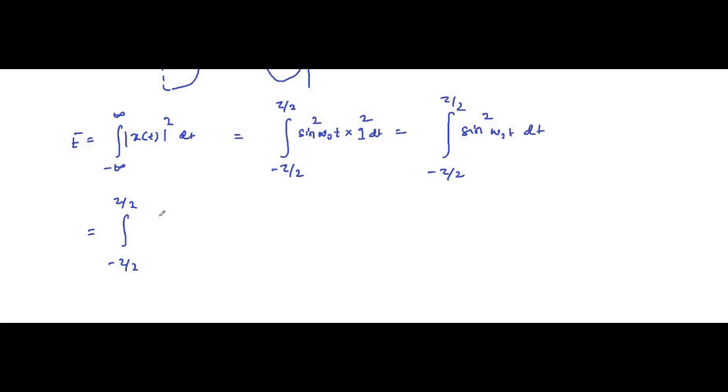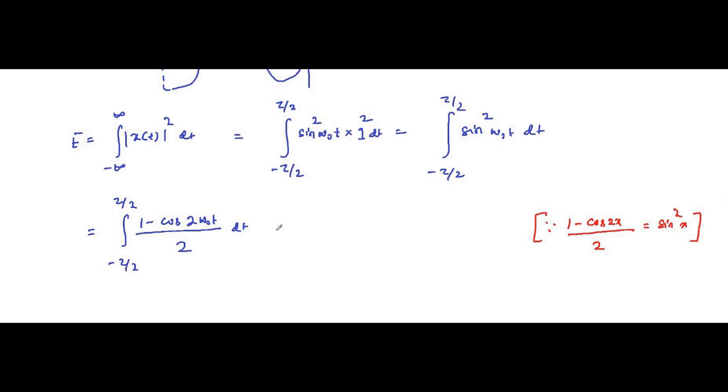We will use the trigonometric identity: 1 minus cos 2x by 2 is equal to sin square x. If you remember, we have used that. So sin square omega 0 t dt is nothing but 1 minus cos 2 omega 0 t by 2.